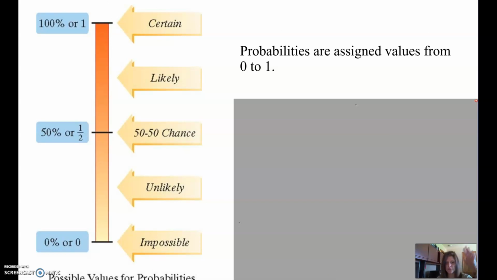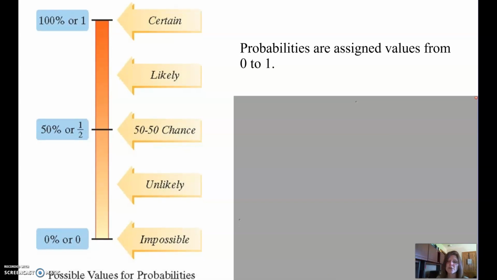Here's just a little graphic to help us get an idea of the different types of answers we could have. I can have a probability of 1 or 100%. It's guaranteed to happen. I can have as low as a probability of 0 or 0% chance it would ever happen. So 1 or 100% is certain, and 0 or 0% is impossible.